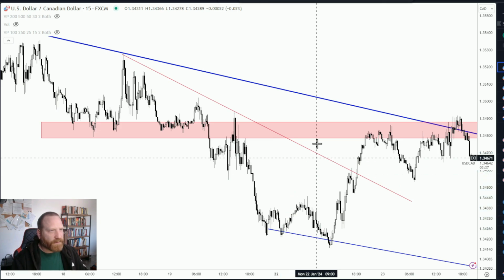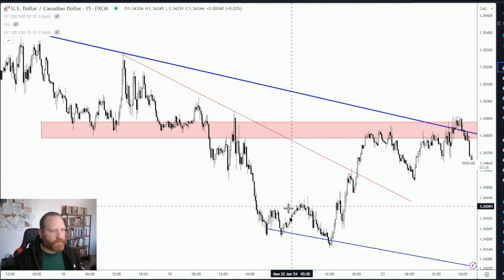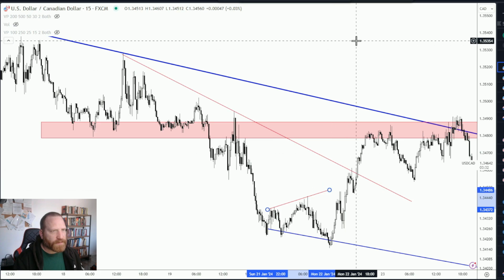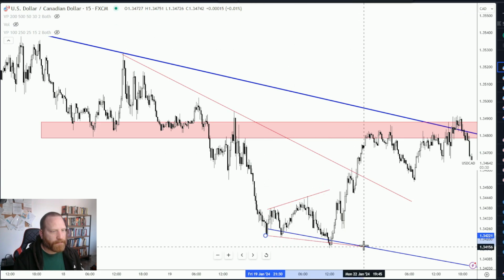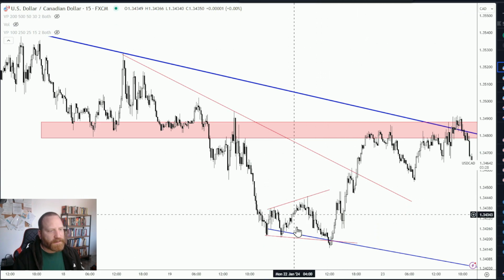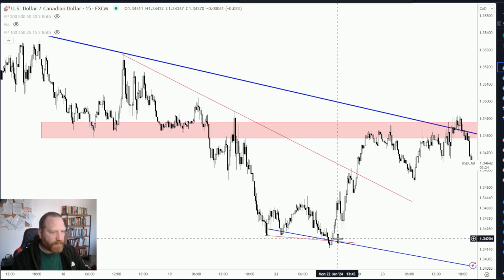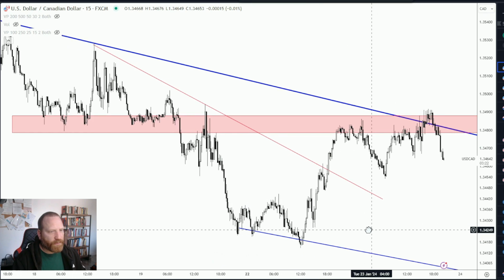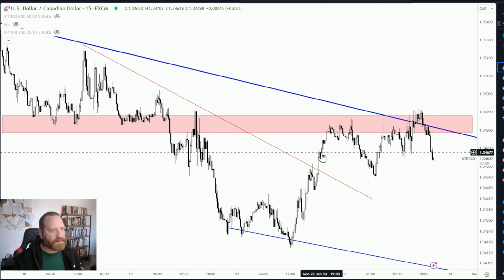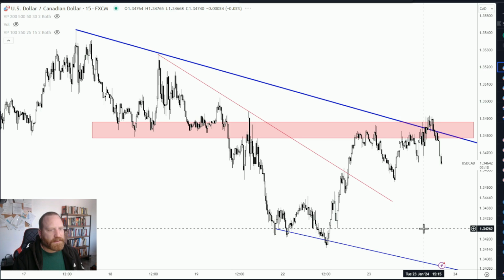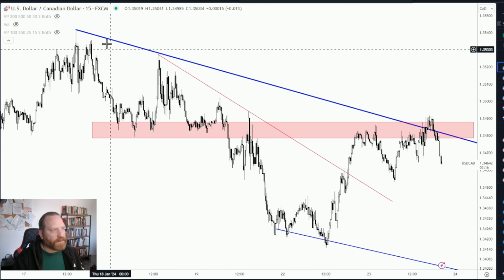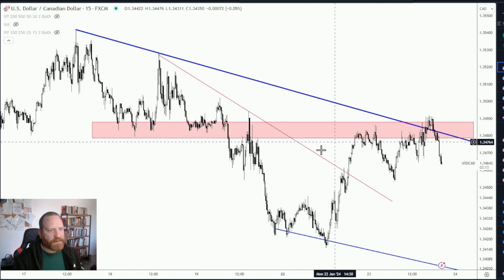But instead of that, we saw a reversal pattern. So it was a change of structure, which is bullish. Because of that pattern, I decided not to take the trade, and price penetrated this trend line. And I said, well, this is not looking good because now this trend line is in play.